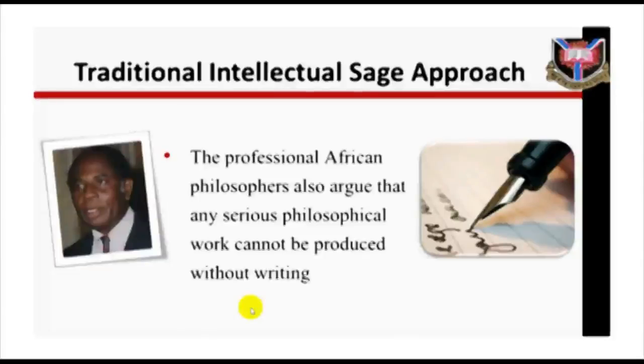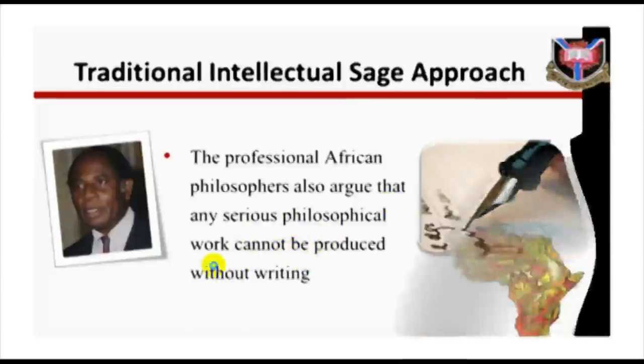And B. It is not true that people cannot think or philosophize if they cannot write. Rather, in traditional societies, the ideas of great thinkers and philosophers are usually passed on as pithy sayings, proverbs, and folklores.